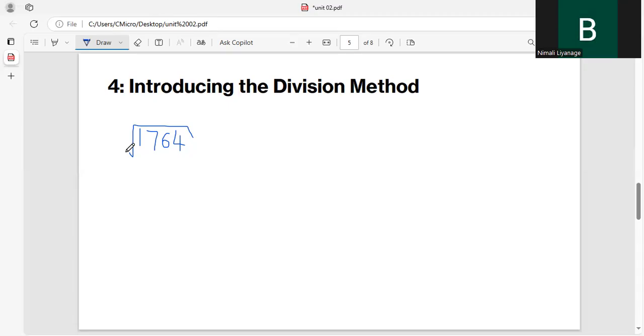Step 3: you can understand more when I solve this, but prior to this, you should write this.